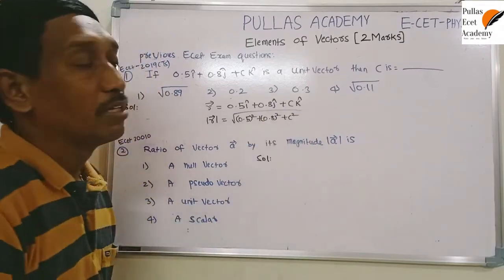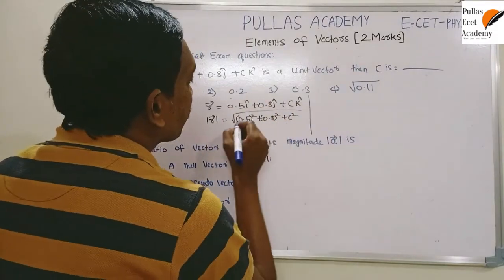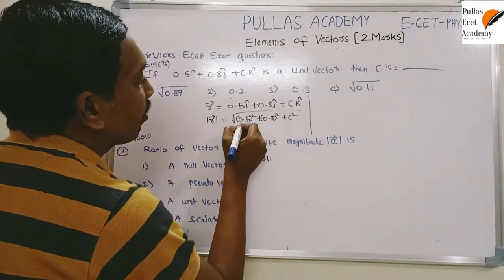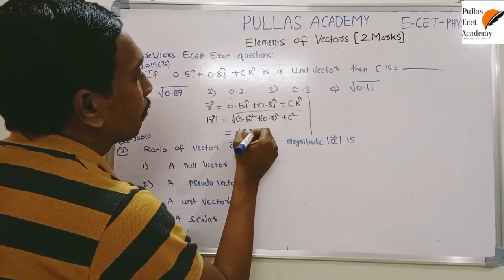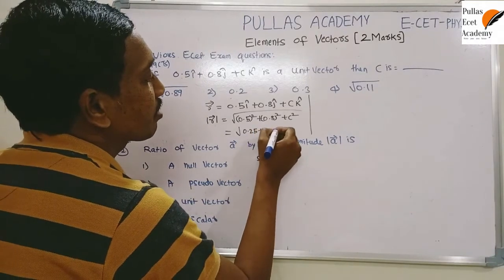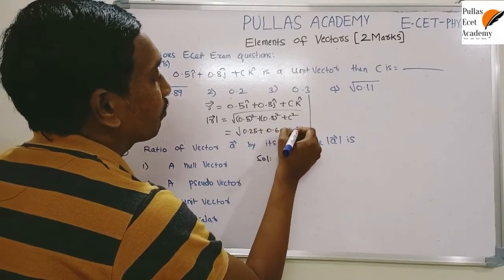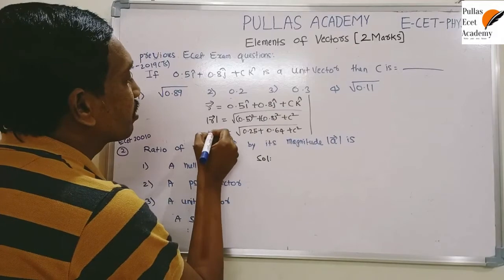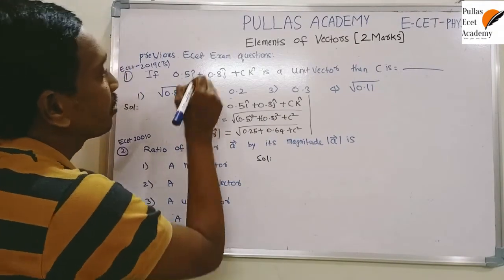Simplifying, 0.5 whole square is 0.25, and 0.8 whole square is 0.64, plus c square. This is the magnitude of the given vector.